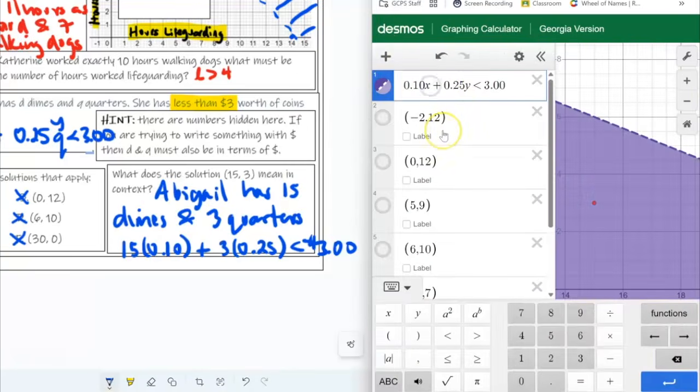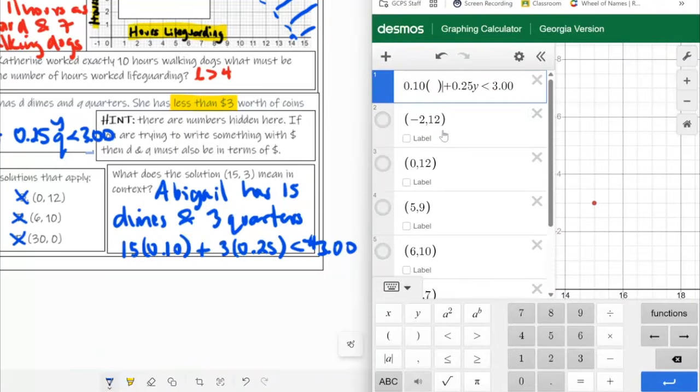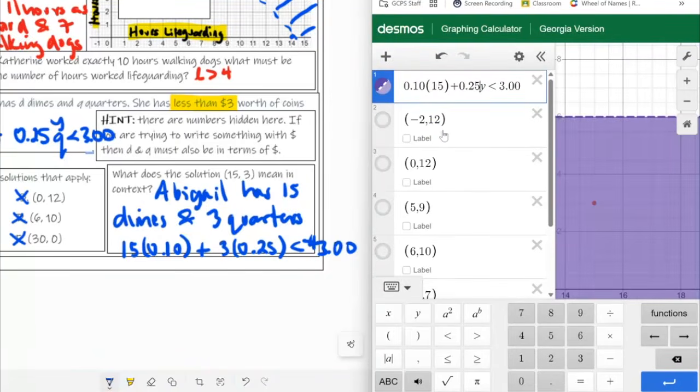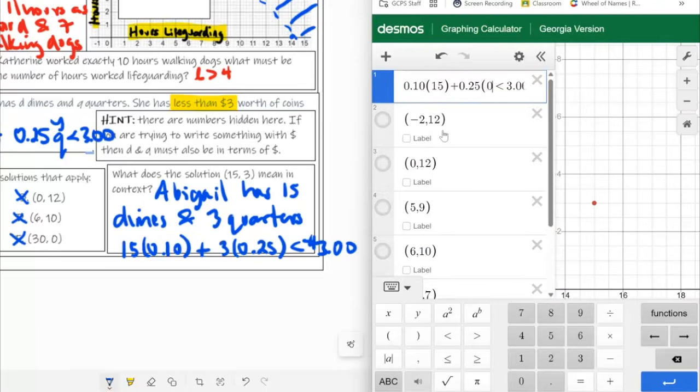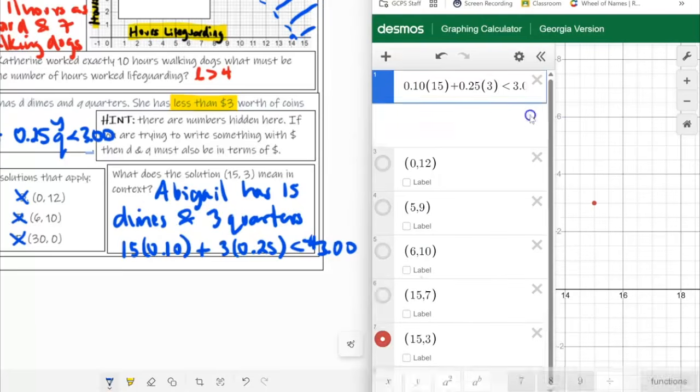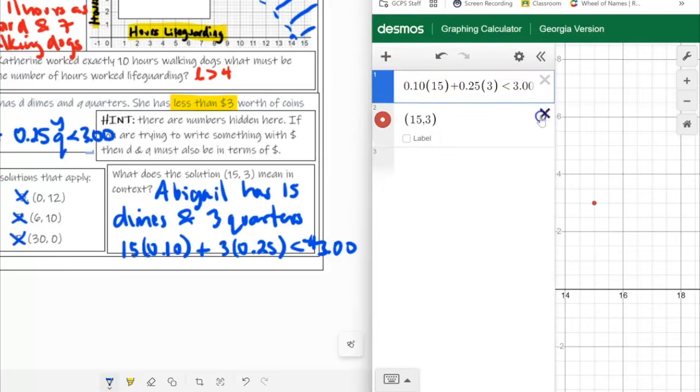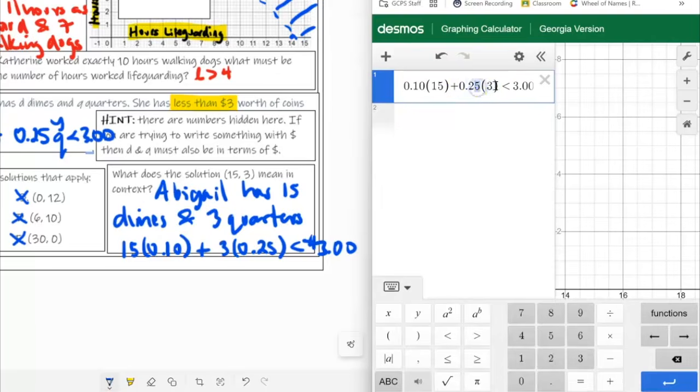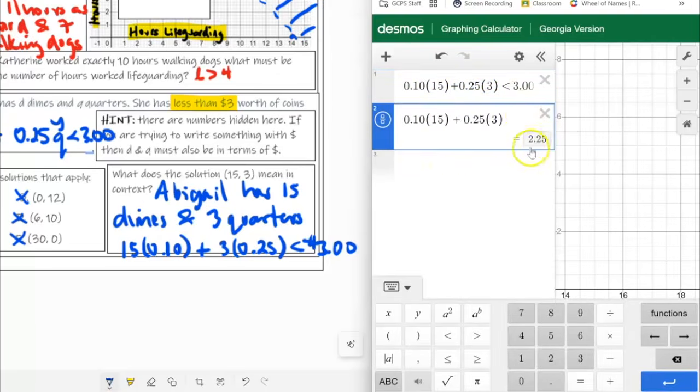All right, so I have my X, which is represented by 15 of them, my Y, I have 3 of them. And is that less than $3? Okay, so it doesn't give me an answer just putting it in. So what I'm going to do is copy this part into the next line. And what is it worth then? Yes, it's $2.25. So yes, it is less than $3.